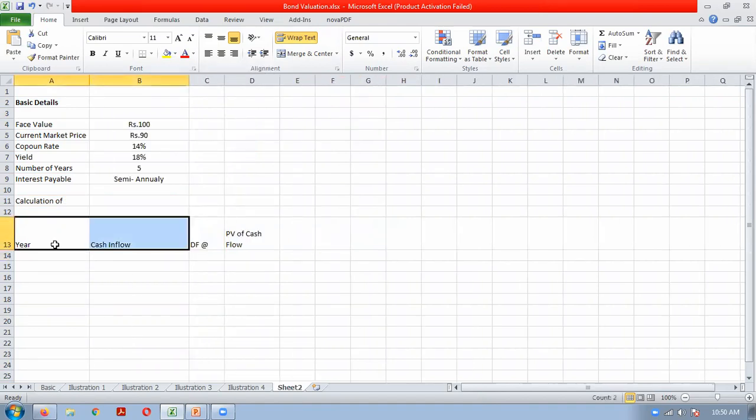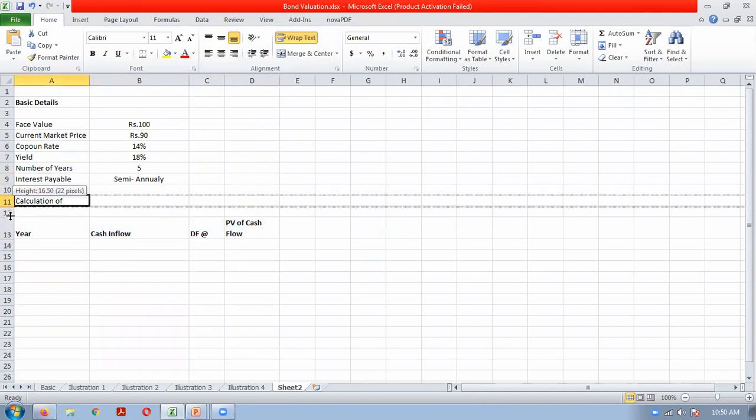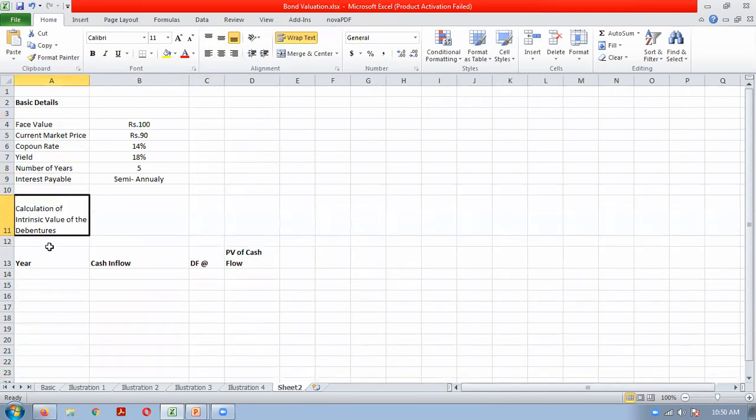See, these basic columns will remain the same. Now understand, since this is a semi-annual case, what is the rule we have understood? The number of years will be doubled. So if it is 5 years, we will write here 10 years.